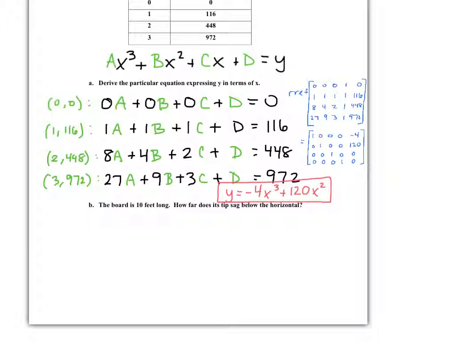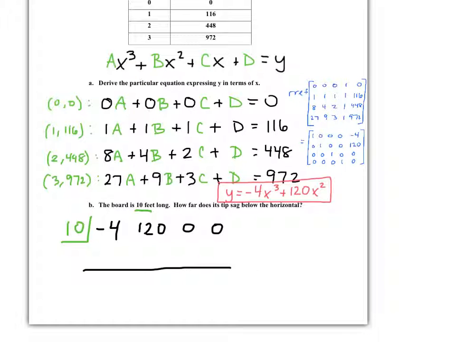But we've been doing a lot of synthetic substitution, so why don't we get some practice doing that? If the board is 10 feet long, that's what goes in the upper corner. Do we need any placeholders going across? We do not have a linear term, nor a constant, so we need placeholders. We've got -4, 120, 0, 0.